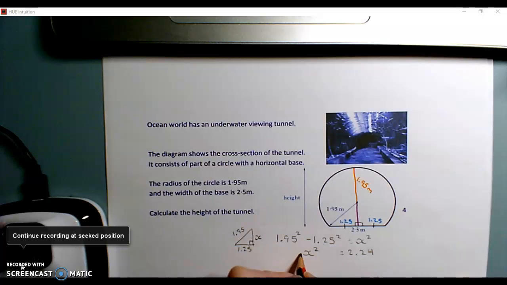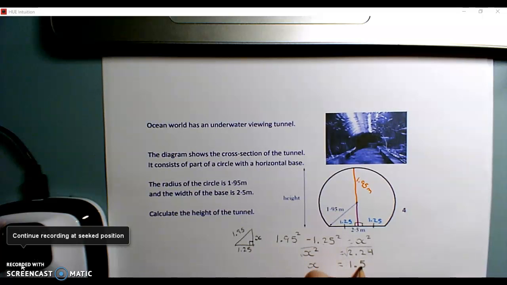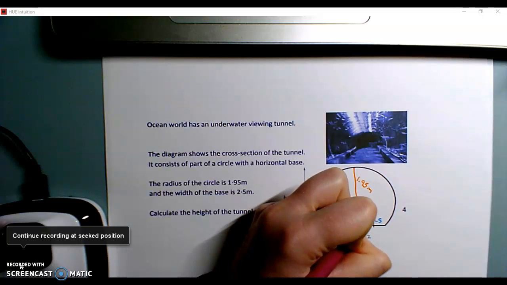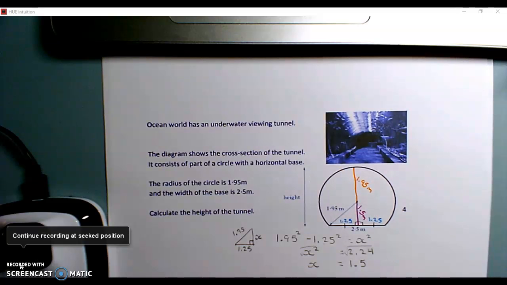And then when I square root that, I'm going to get x equals 1.5. So I've worked out this height here as being 1.5 meters.